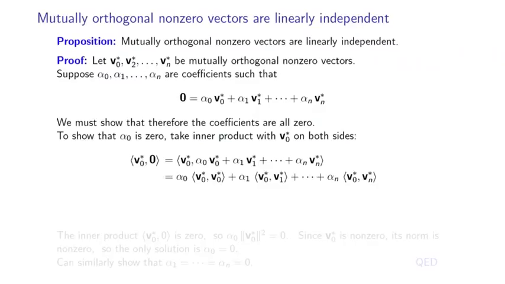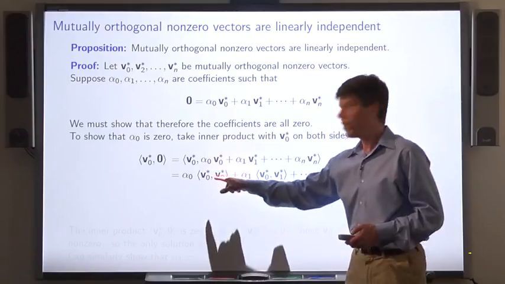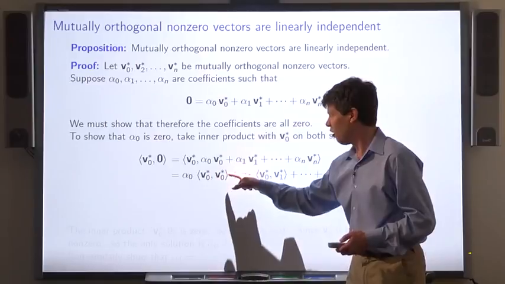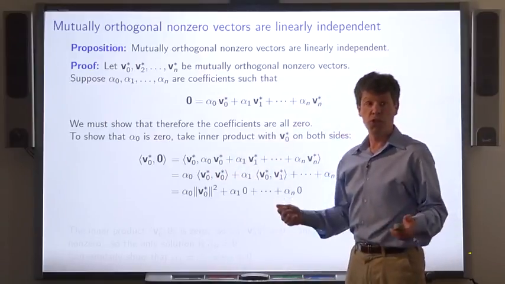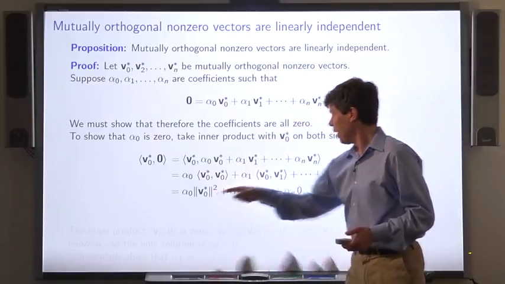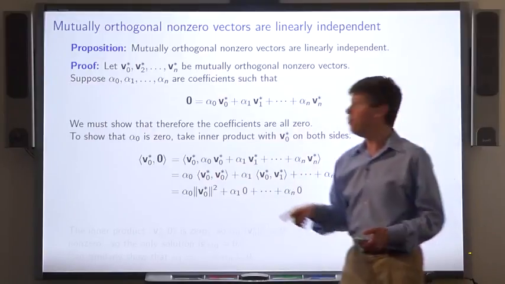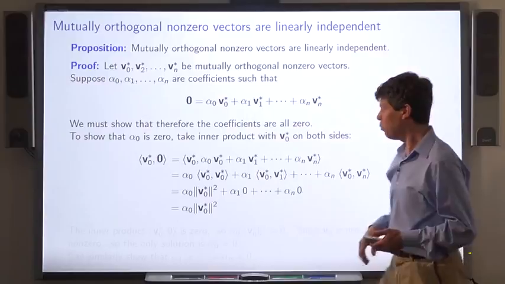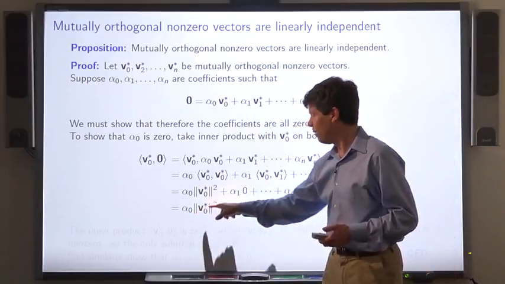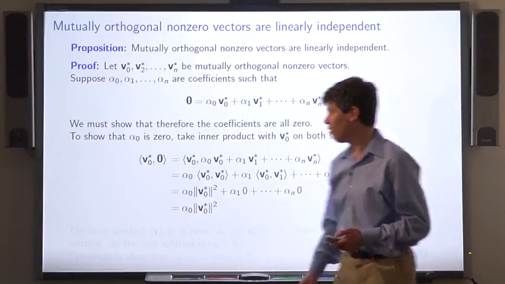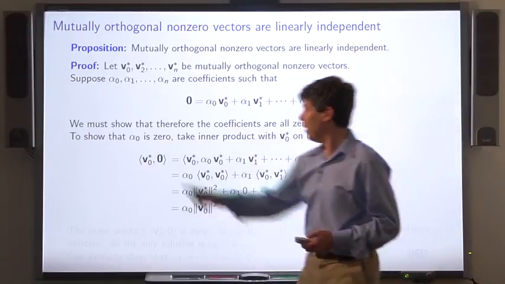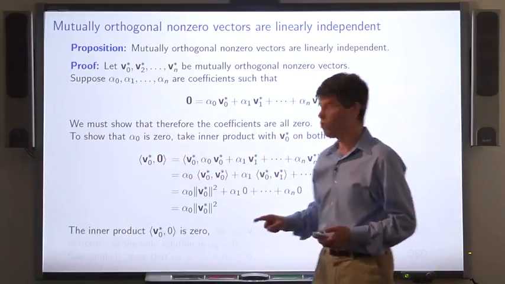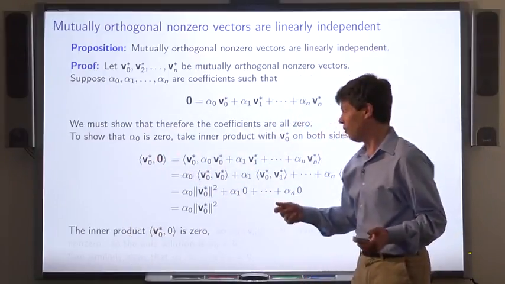So now let's look at each of these inner products. The inner product of V0 star with V0 star is the norm squared of V0 star. These other inner products are all 0 because the vectors are mutually orthogonal. So we end up with alpha 0 times the norm squared of V0 star. Now, this inner product, V0 star with the zero vector, is 0.